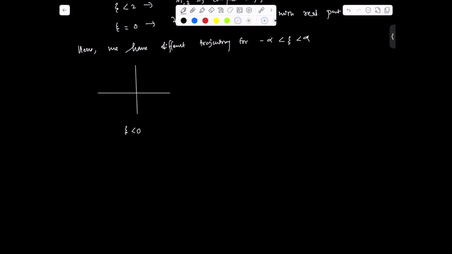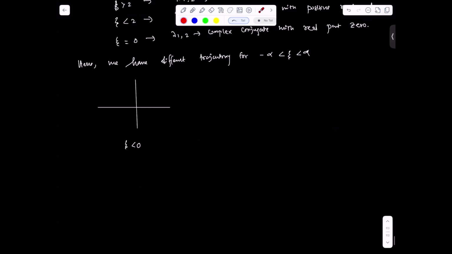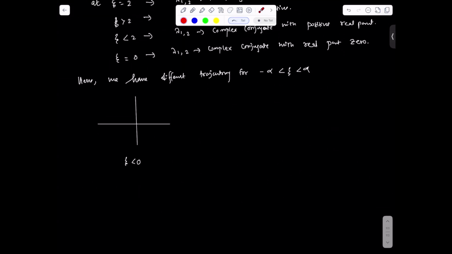In this case, if you notice here, if it is less than 0, so here we'll have this negative part, but this part will be complex conjugate. This part will be complex, right? So in that case, if you remember what you have done in the last lecture, we'll have a stable focus, right? We may have something like this, so it is converging to 0, right?